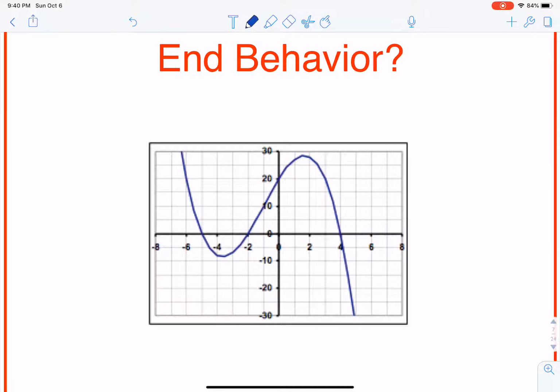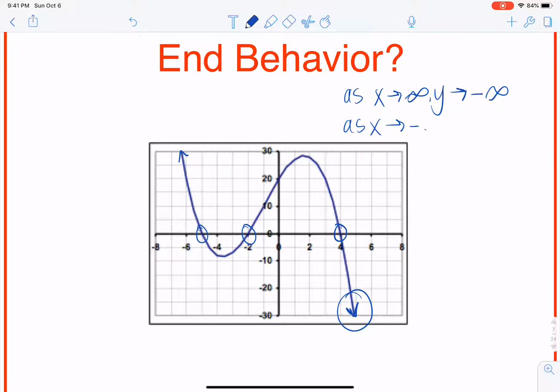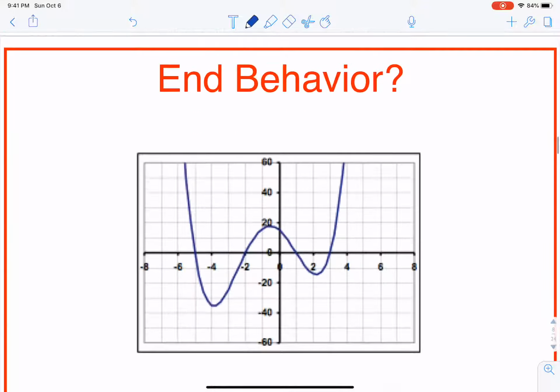Here, I would say that this end behavior could potentially belong to a cubic function because I'm crossing the x-axis 3 times here, and my lead coefficient is negative because over here I'm going down. So as x approaches infinity, y approaches negative infinity, and as x approaches negative infinity, y approaches infinity.